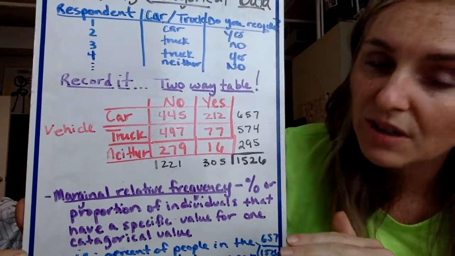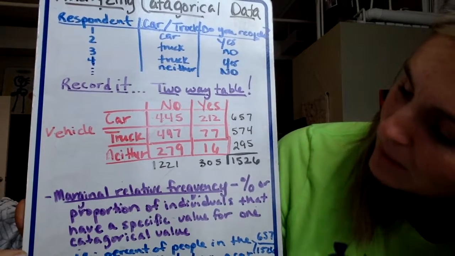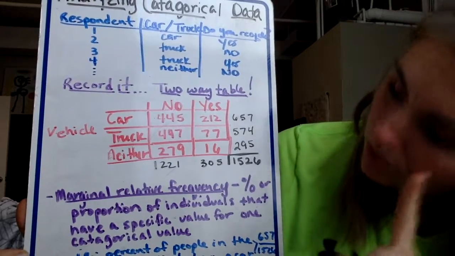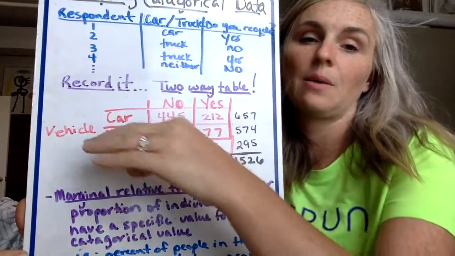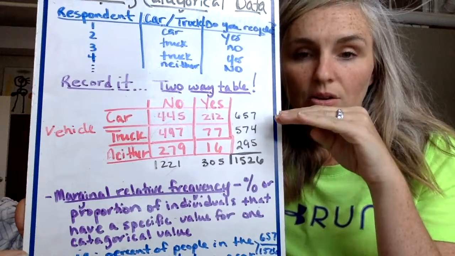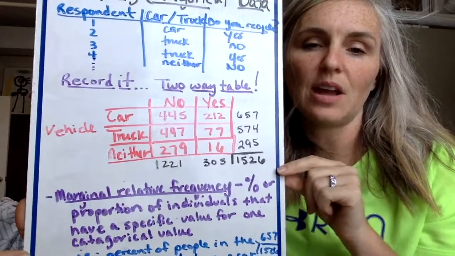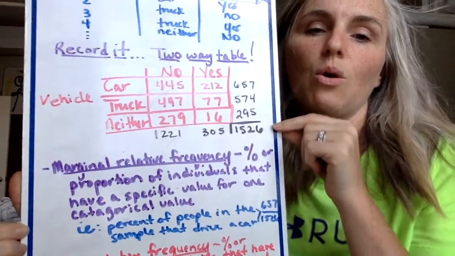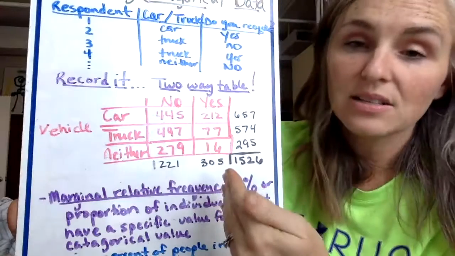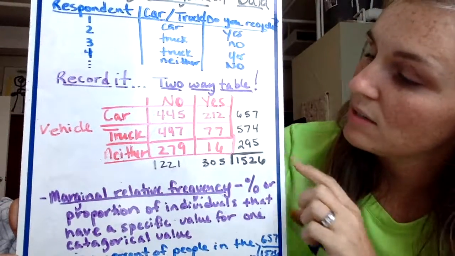The formal definition is the percent or the proportion of individuals that have a specific value for one categorical value. So we could, for example, ask what percentage of the individuals drove a car? That would be 657 out of 1526. Or what percent of individuals said yes to recycling? That would be 305 out of 1526.